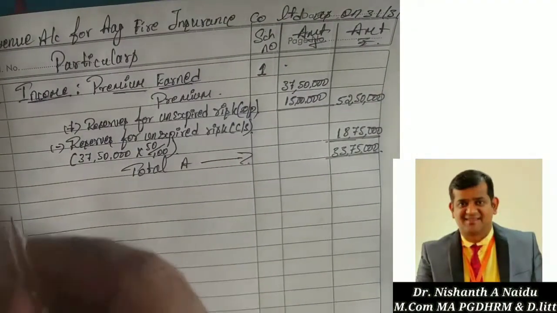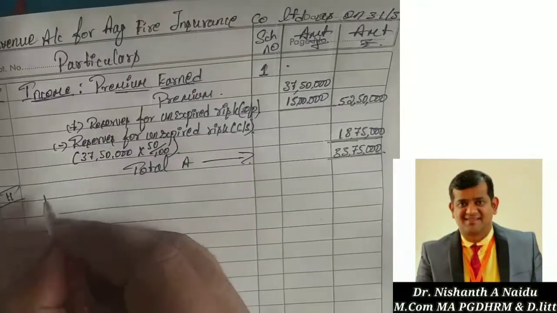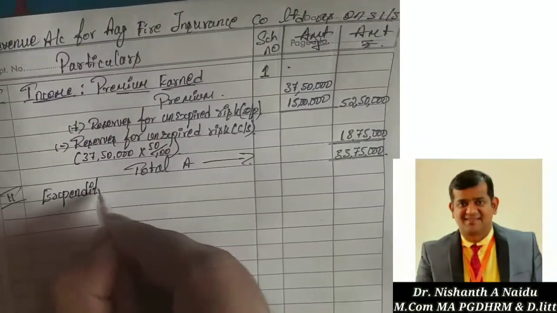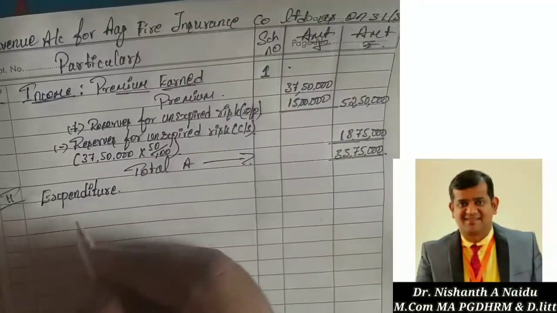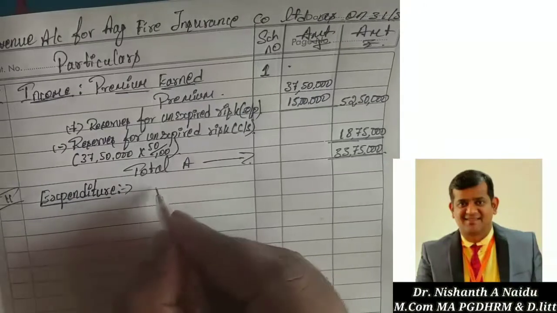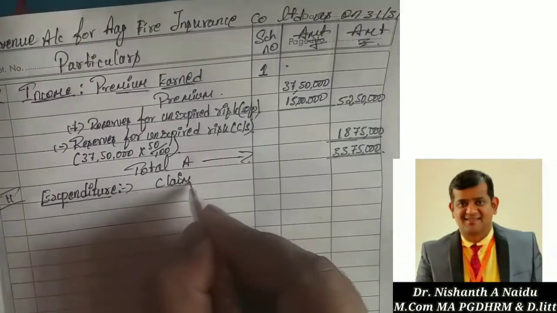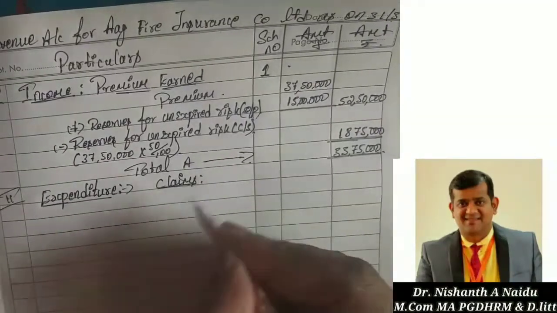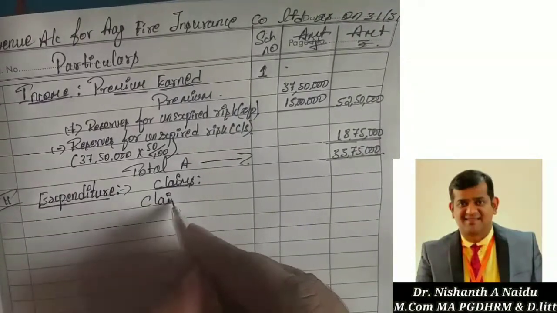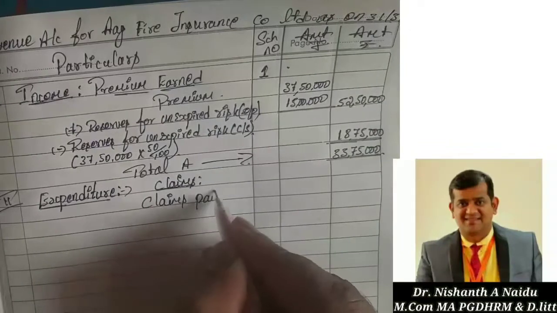So now coming to the second head, that is expenditure. So under expenditure we always have what? Claims. So under claims, claims paid.